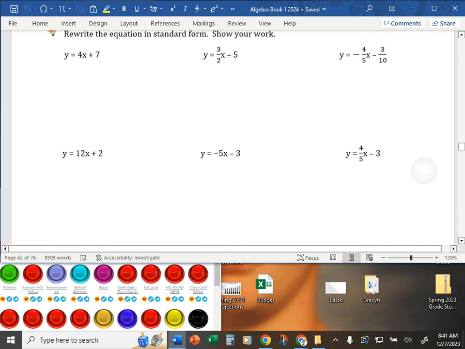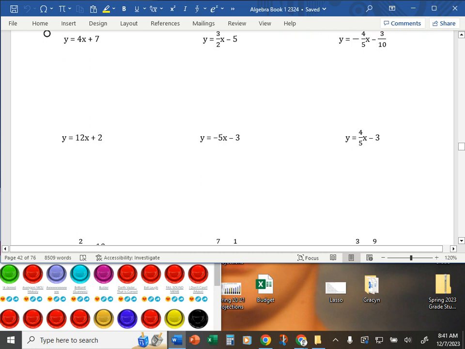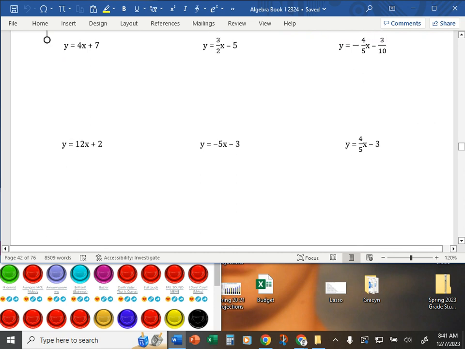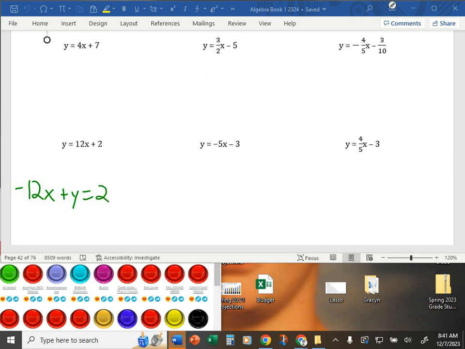Okay. Who's feeling bold and brave and wants to share with us their answer for the first one? y equals 12x plus 2. What did you come up with, Emily? -12x plus y equals 2. Good job.